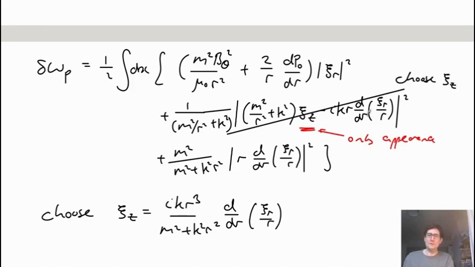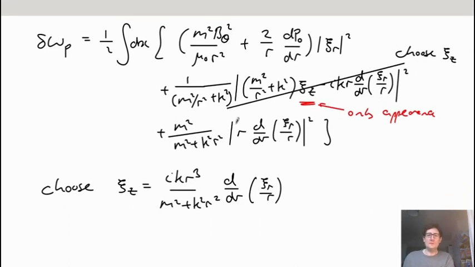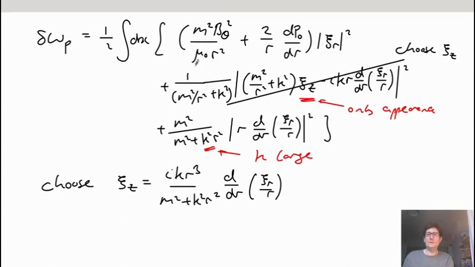The next part to notice is that if you make k large, k appears underneath here and doesn't appear anywhere in here, and so for k large, this stabilizing term also disappears, and so large k is the most unstable.